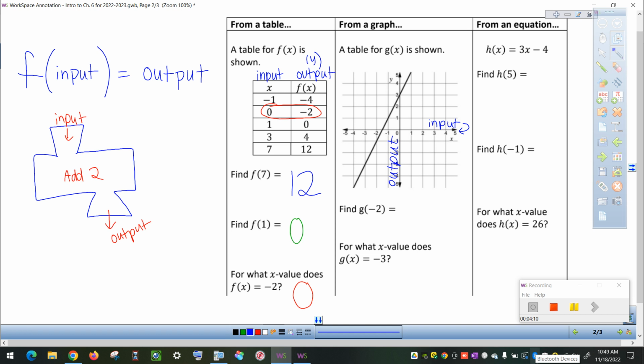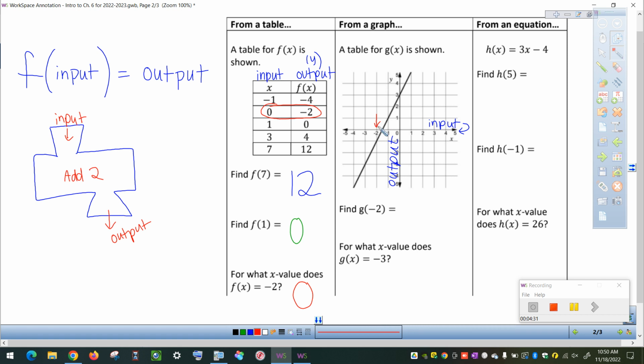All right, same questions. Our way of answering them is just going to be a little different now because now we're looking at a graph. For the first one, to find g of negative 2, that's finding the output when the input is negative 2. I'm going to go on the input axis, which is the x-axis. Right here, I'm going to find the x value of negative 2.